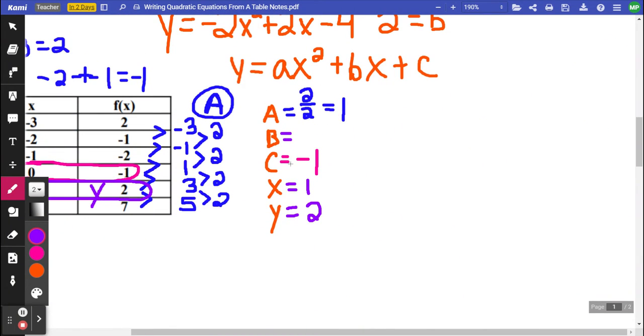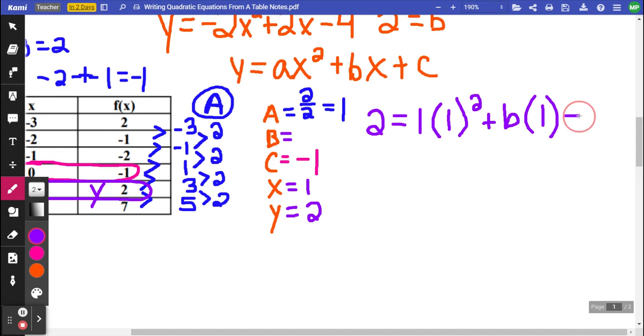Okay, so now we're going to use these points right here and plug them into here to find B. So what's my Y? 2 equals, what's my A? What's my X? Squared plus B times 1.